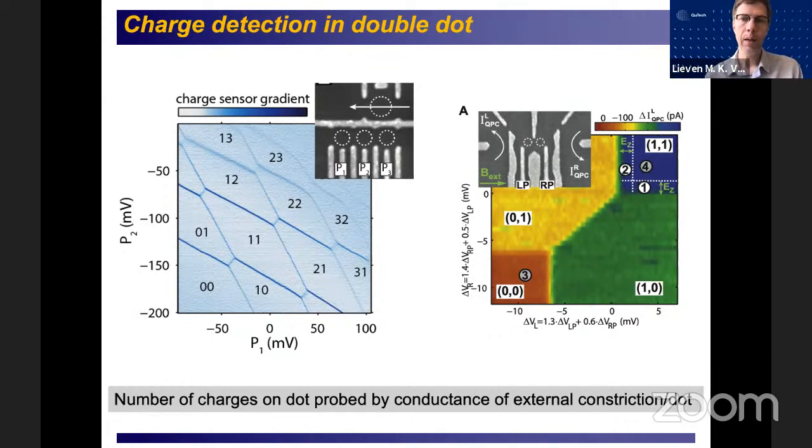Some years ago, people tried to find ways to get reservoirs close to every dot, but that is of course an approach with limitations, and I've pushed to not having to do that. It's not a big deal anymore. We can work without that access.